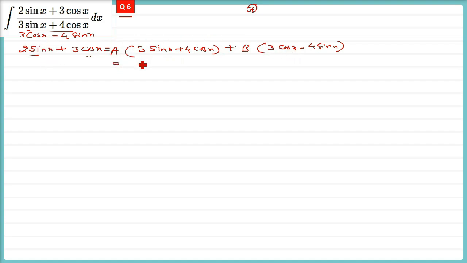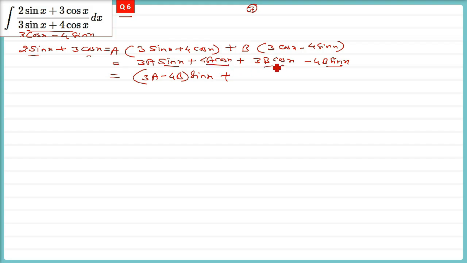So now multiply this internally. 3a sin x plus 4a cos x plus 3b cos x minus 4b sin x. Now sin x and cos x, you can just collect these terms. So it will be 3a minus 4b sin x.